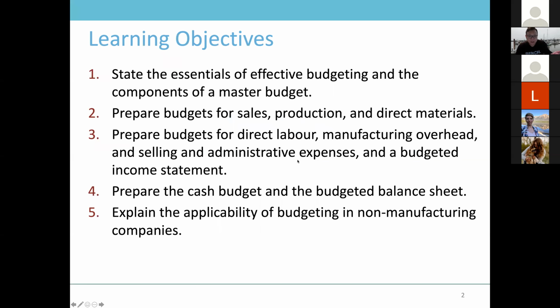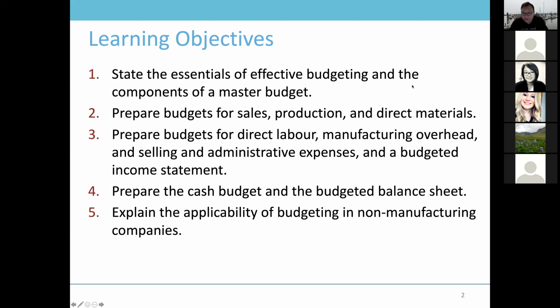So here we are learning budgeting in managerial accounting, in the decision making context. There are 5 learning objectives. The first one is to understand the basics about the budget: what it takes to have effective budgeting, and what the basic components of the master budget are.